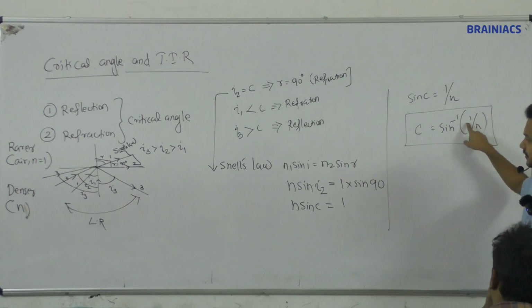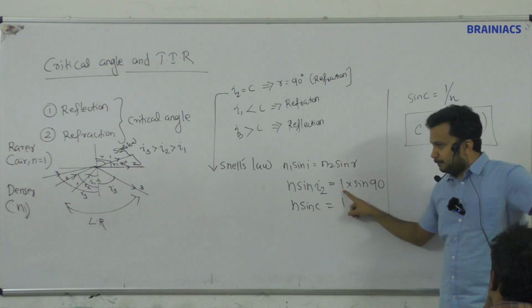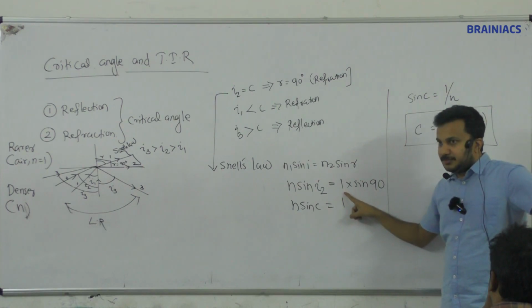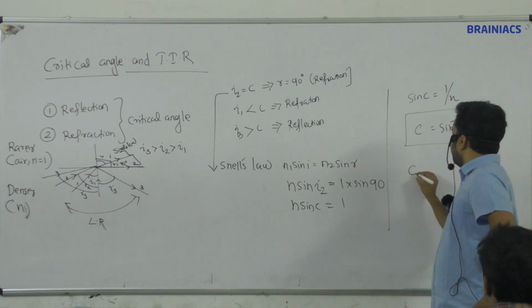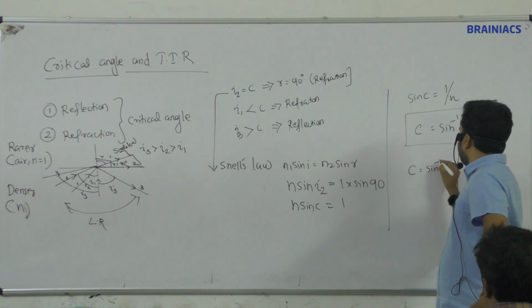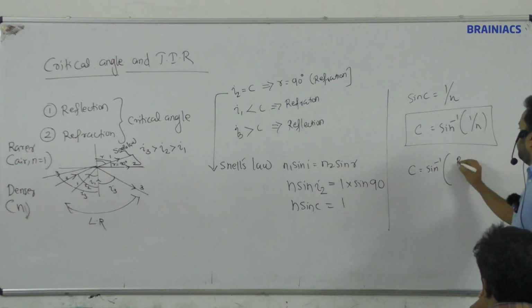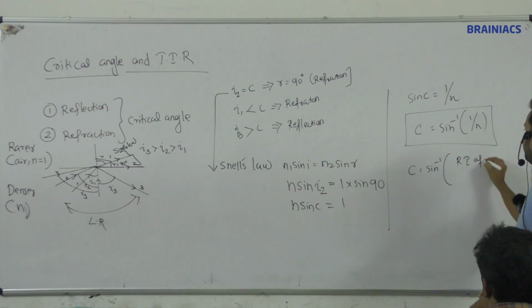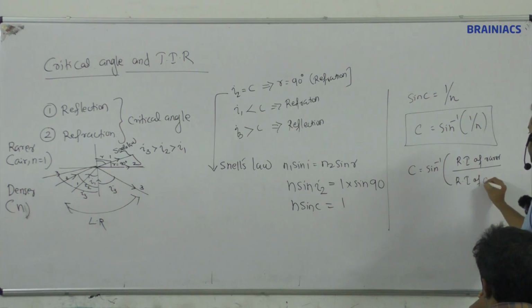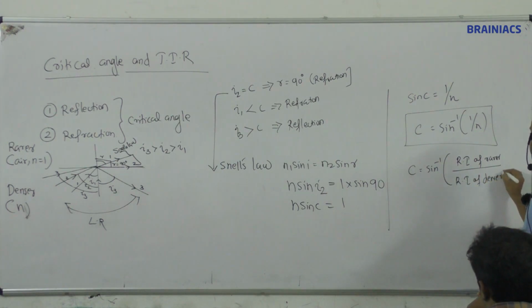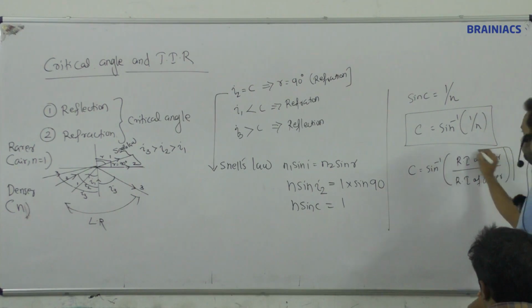Here 1 means actually what? Refractive index of the rarer medium, and n is the refractive index of the denser medium. So I can say critical angle is equal to sine inverse of refractive index of rarer medium divided by refractive index of the denser medium. This you have to remember because we are going to use this formula.